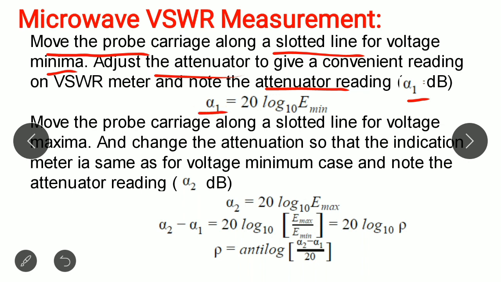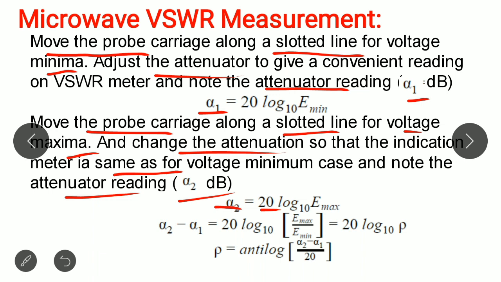So alpha 1 equals 20 log10 E minimum. Again we move the probe carriage along the slotted line section to a voltage maximum. We change the attenuation so that the indication on the meter is the same as in the voltage minimum case, and note the attenuation reading, that is alpha 2 dB. So alpha 2 equals 20 log10 E max.